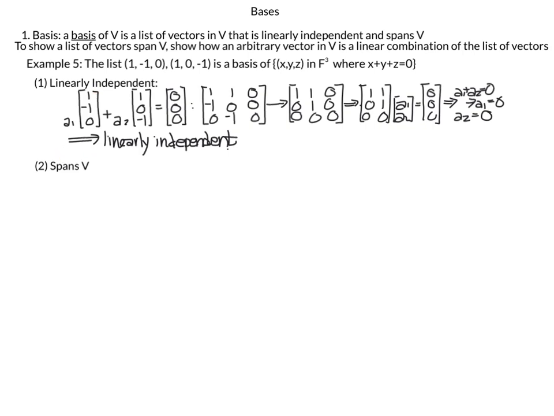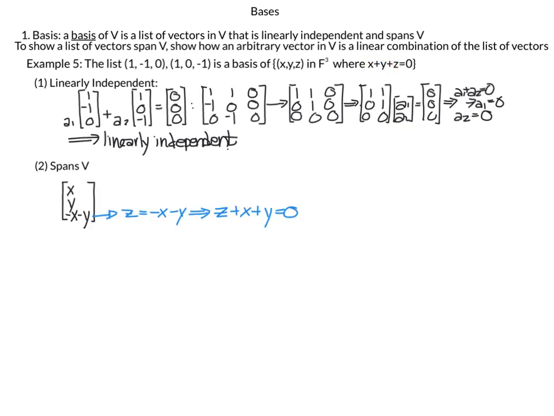To show that these two vectors span the space of vectors of the form (x, y, z) in F3, where x plus y plus z equals 0, we need to find a way of expressing the general form of this vector. A little bit of thought will show that we can make our third coordinate, z, dependent on x and y.